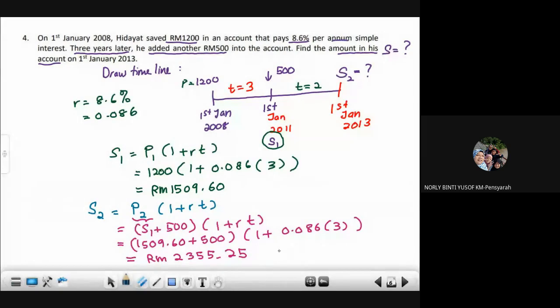Jadi you pun cakap lah, amount in his account is RM2,355.25 on 1st January 2013.